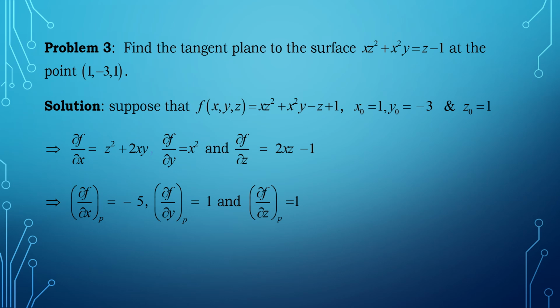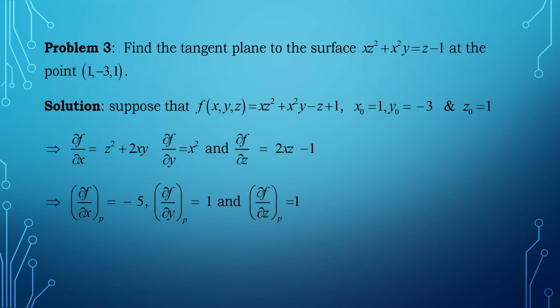To find out the tangent plane to the given surface at the given point 1 comma minus 3 comma 1, first let us consider f of x comma y comma z equals xz square plus x square y minus z plus 1. This is our given surface. Let the given point P be 1 comma minus 3 comma 1.